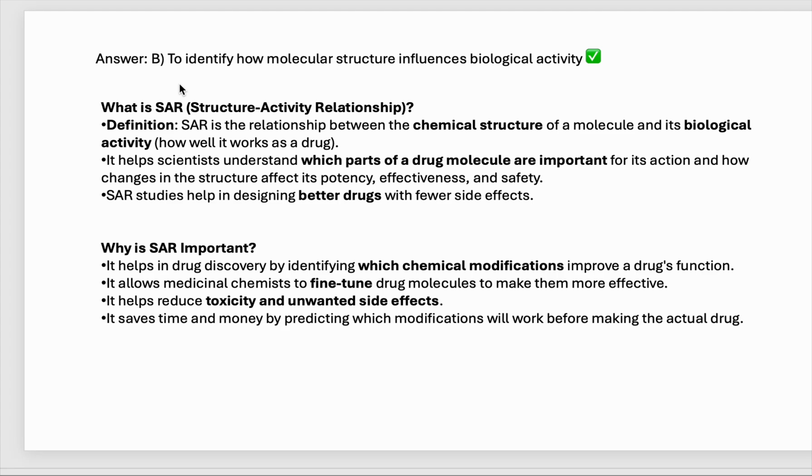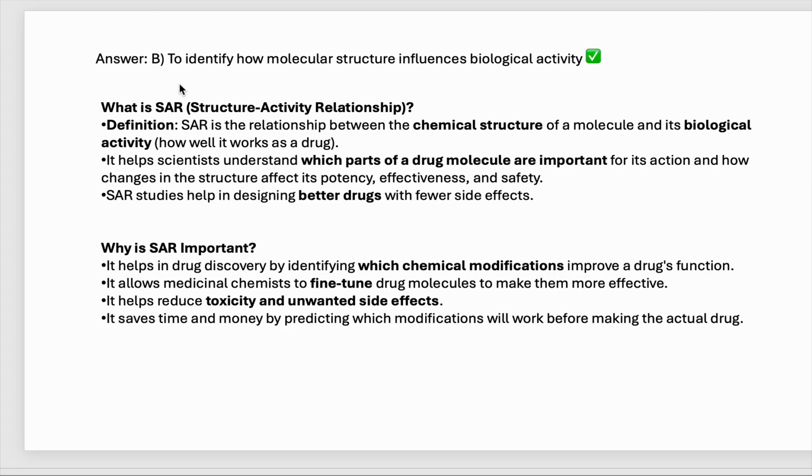It helps drug discovery by identifying which chemical modification can improve the drug function. Obviously, suppose there's a compound and you found a chemical modification that, yeah, having an SH bond in this compound increases its activity. And then there is another compound that does not have an SH bond, it has a different functional group. That functional group might not be helping it in its activity.